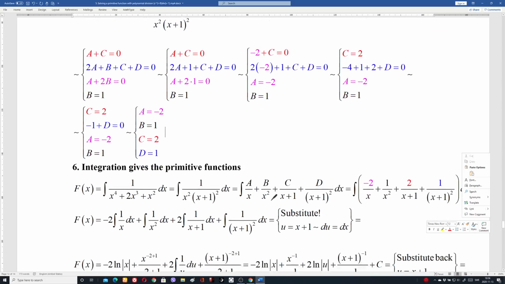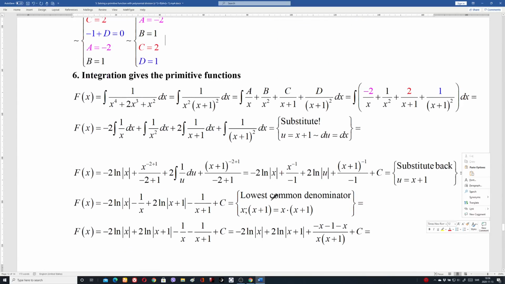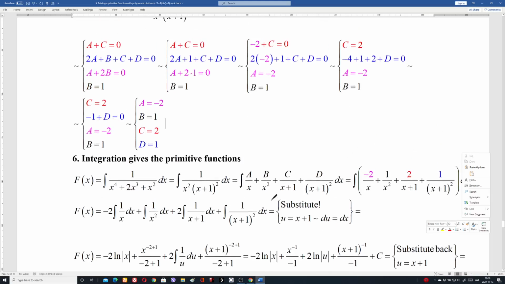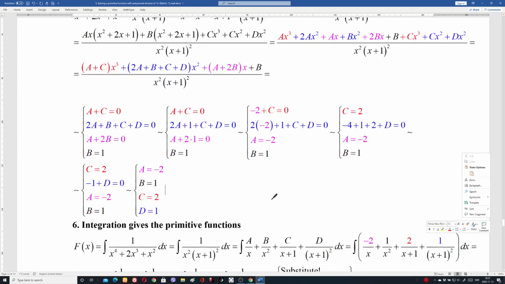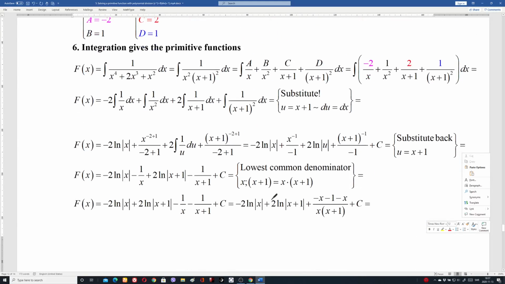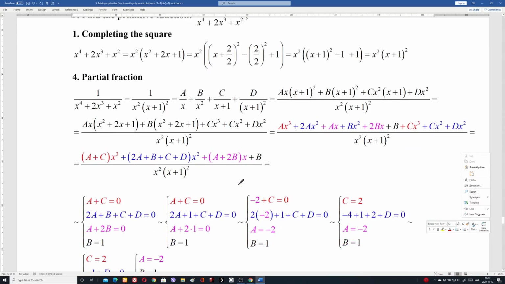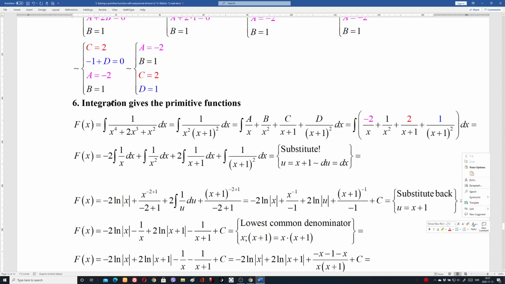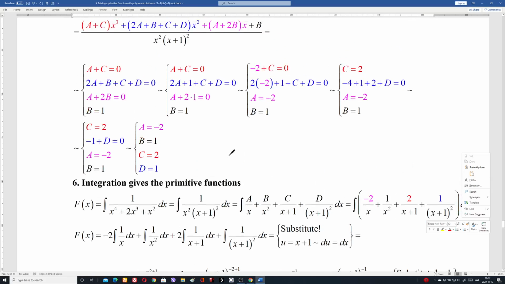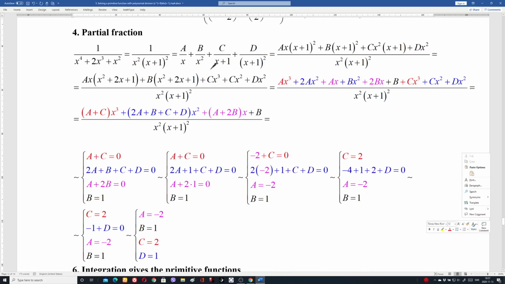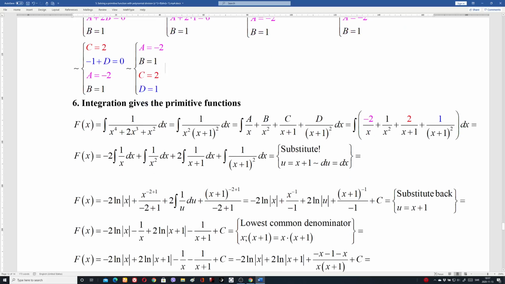So now we did this partial fraction. So now is the time to find an integral of this equation here, okay, which is this one here. After that, we receive this here, which is the integral of this.